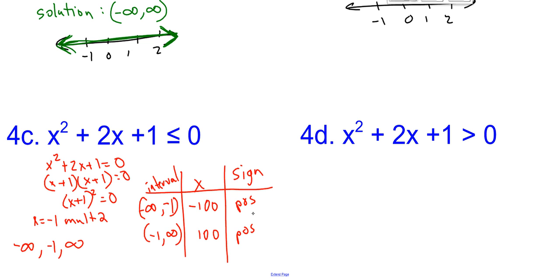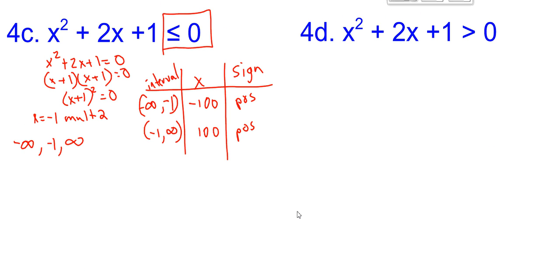I want when this is less than or equal to 0. Notice less than 0 never, but equal to 0, it would be equal to 0 at -1. And so let me just draw a little number line on here. -2, -1, 0, 1, 2.